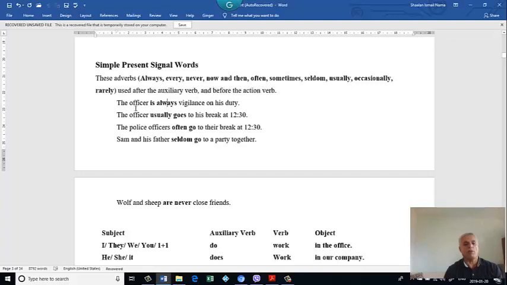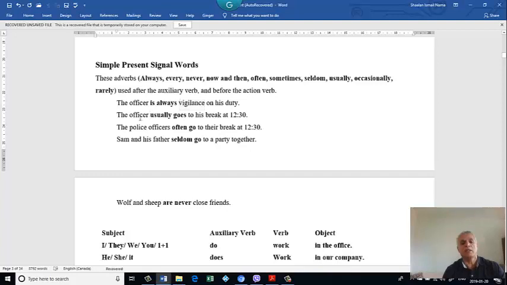If we look here, the officer, this is the subject, is the auxiliary, and then I have the adverb here, and then I have vigilance. On his duty is going to work as the object for the sentence here.